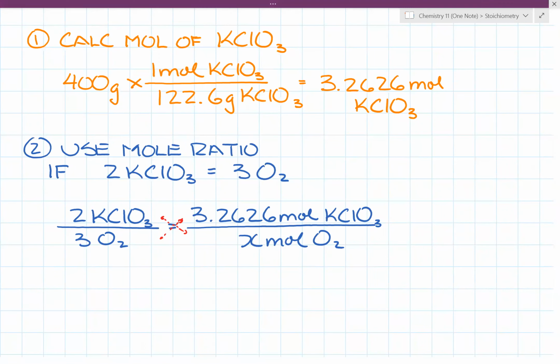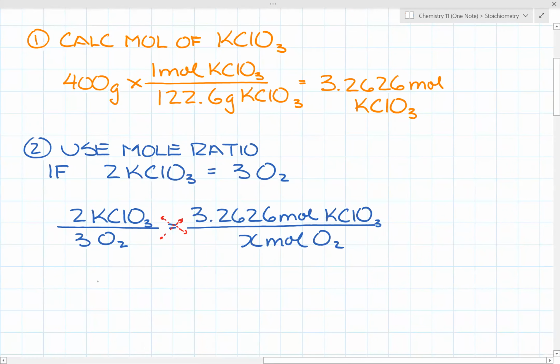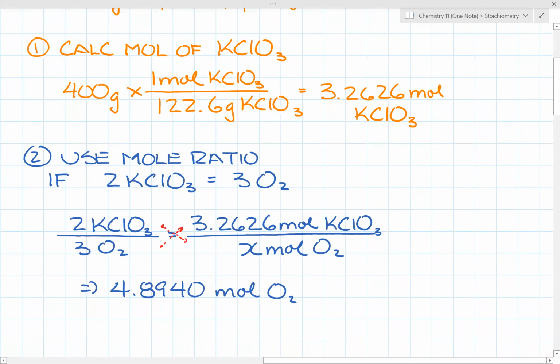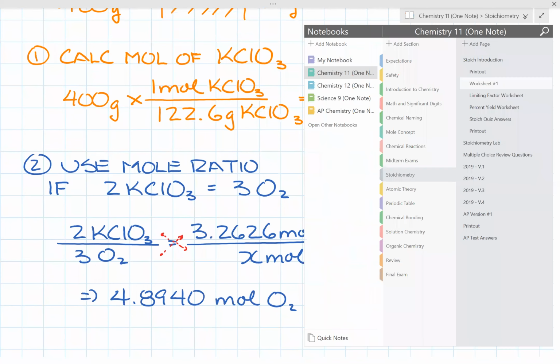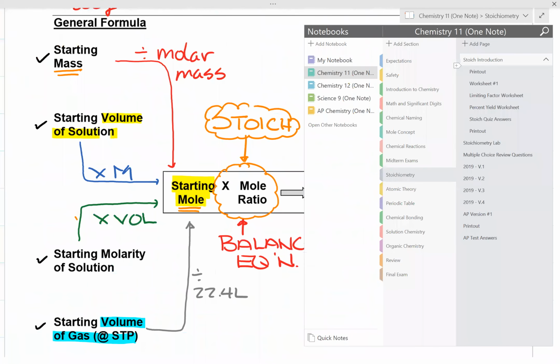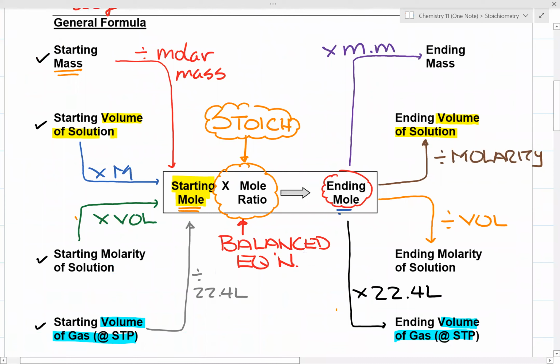I get an answer in this particular case of 4.8940 moles of O2. Okay. So looking at the second step, we use the mole ratio. Now we have our ending mole.